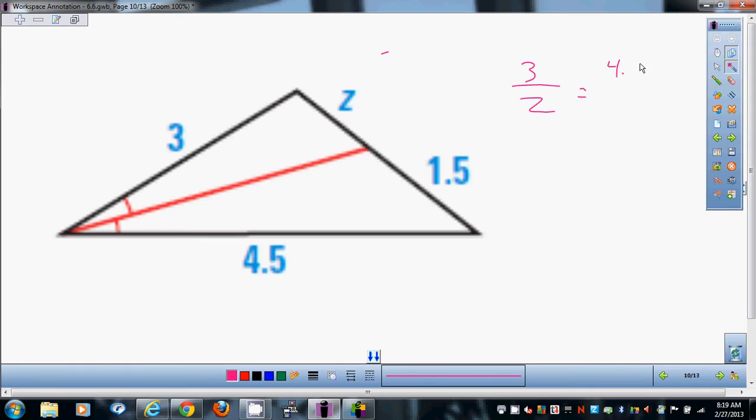Very good. What do you get? Very good. 3 times 4.5 is 3.1 times 1.5 is 4.5. 4.5 times z, divide both sides by 4.5. Z equals 1. Very good.